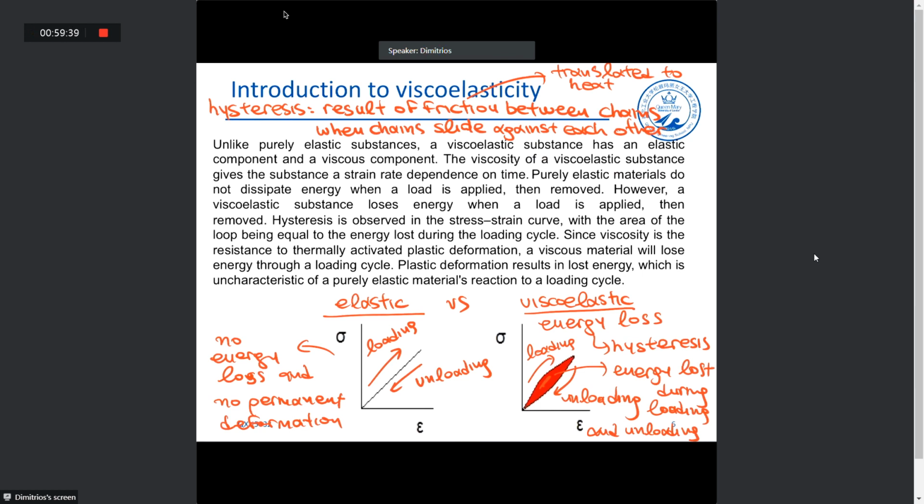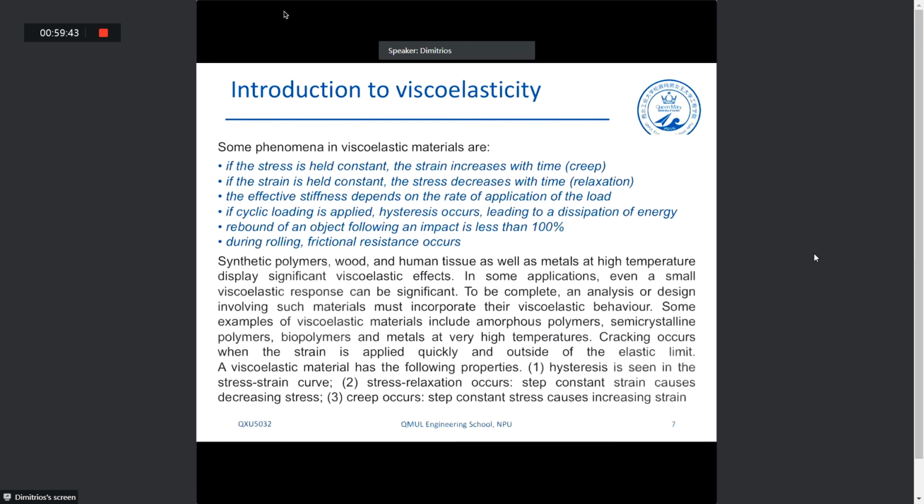Now, because polymers are viscoelastic materials, there are a number of phenomena that take place, and we will be discussing them extensively. The two more important phenomena that we will be discussing today and Thursday are creep and relaxation.